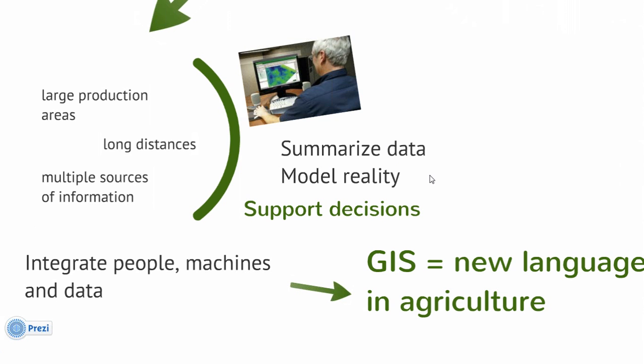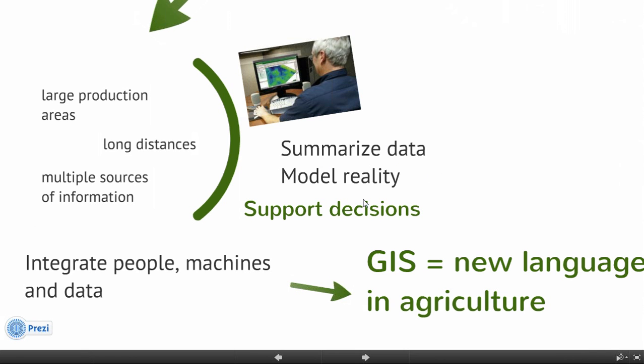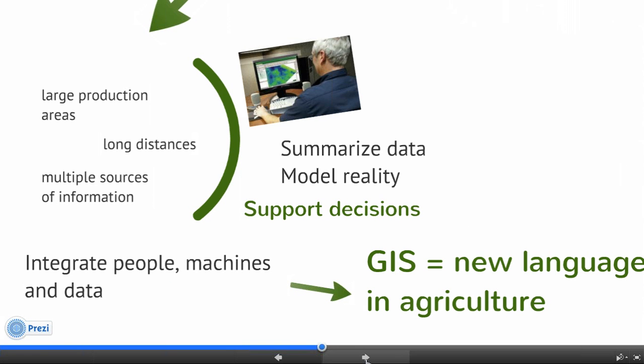So it's not always perfect, but at least it's a way to summarize data and turn this into information. And the challenge is to integrate a team, integrate the data that comes from machines, from remote sensing, from a GPS. So we understand this as a new language in agriculture, just like the other examples.